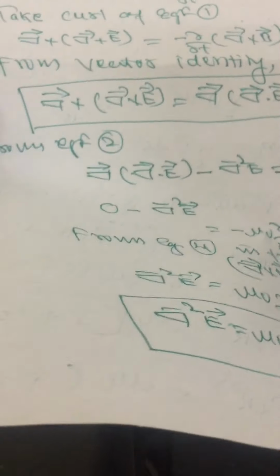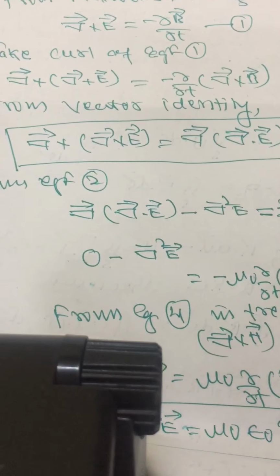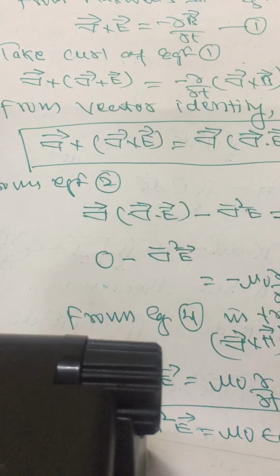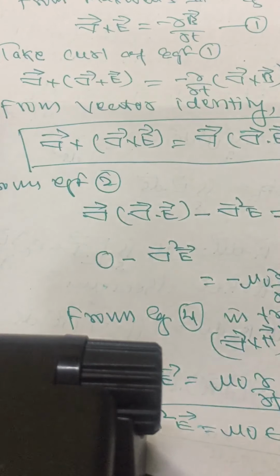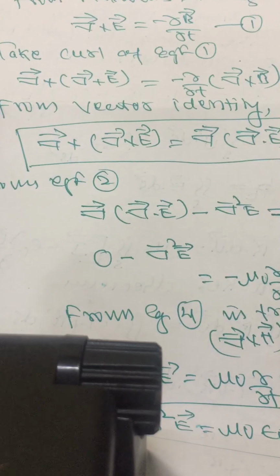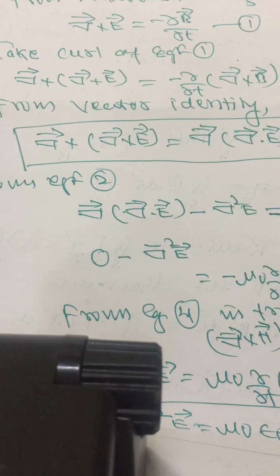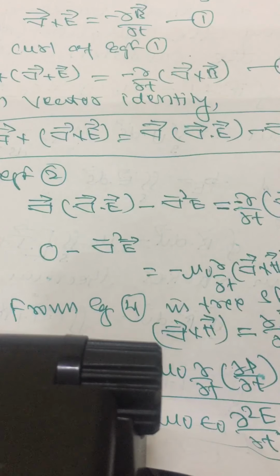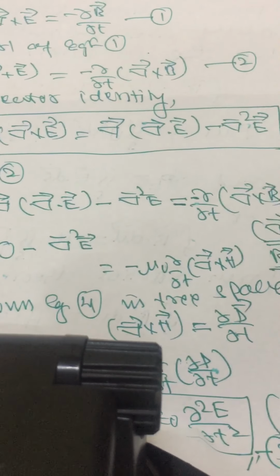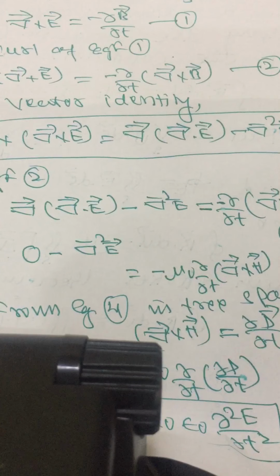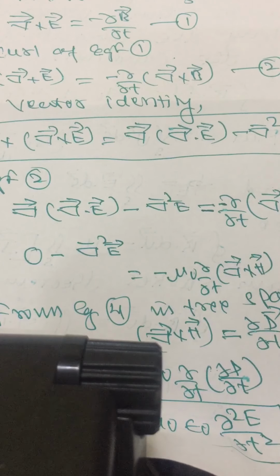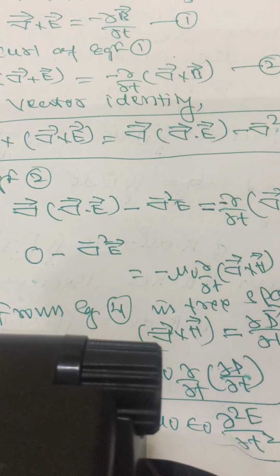Now you know the vector identity: del cross del cross E is equal to del of del dot E minus del square E.